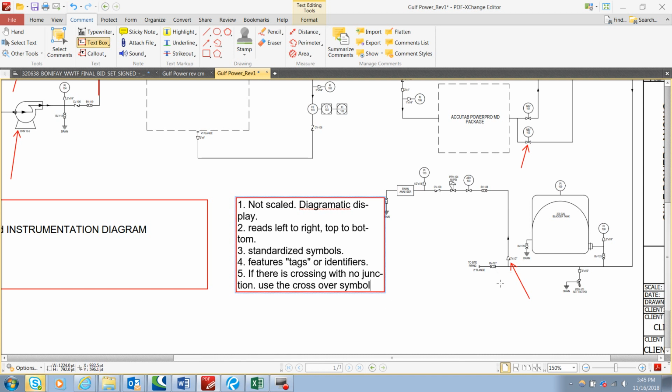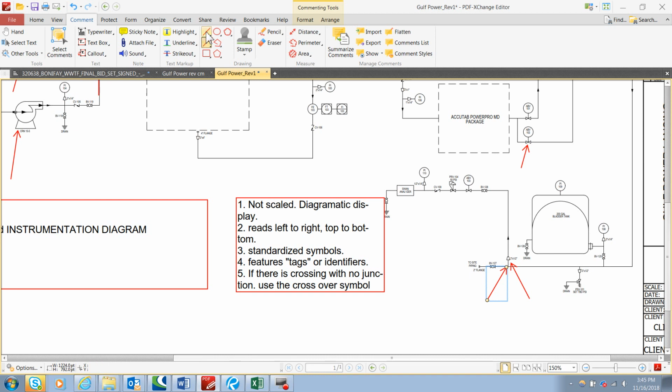If we have a line that meets, for instance here, this line meeting with this line, that means that's a T. Everything is connected together.